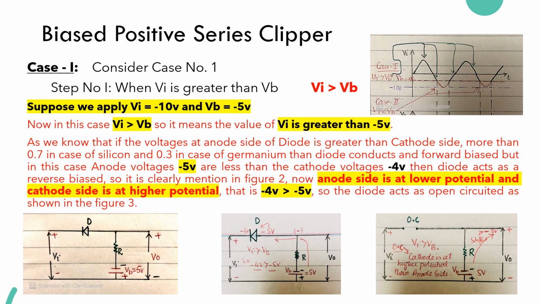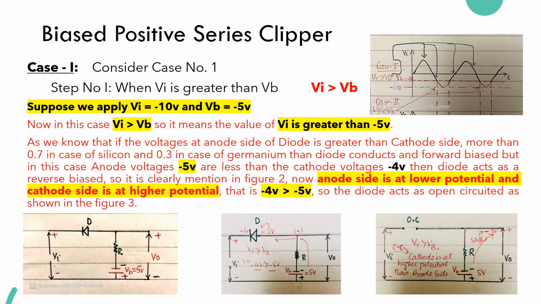But in this case the anode side voltage is minus 5 volt. Now the direction of the diode is opposite, and at the VB side minus 5 volts will appear at the anode side in figure number 2, which is less than the cathode voltage, because now the cathode is at minus 4 volt due to the condition Vi is greater than VB.